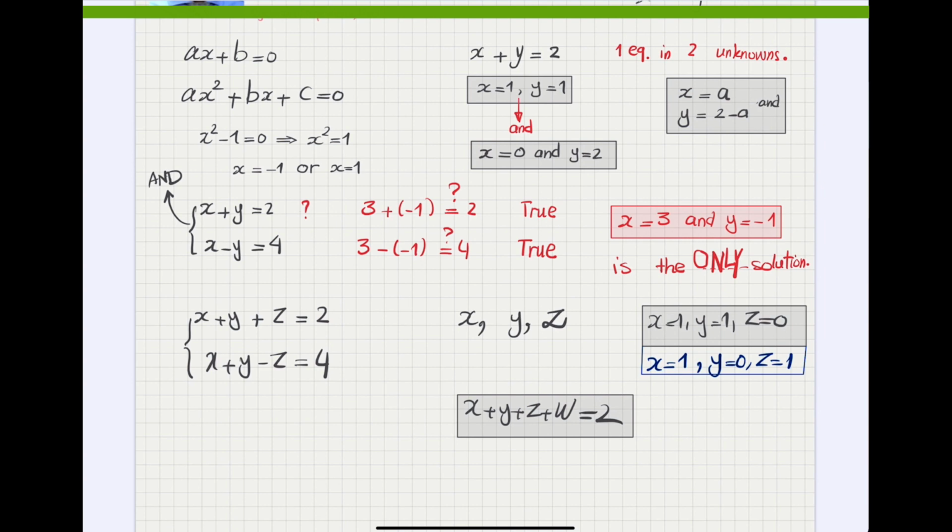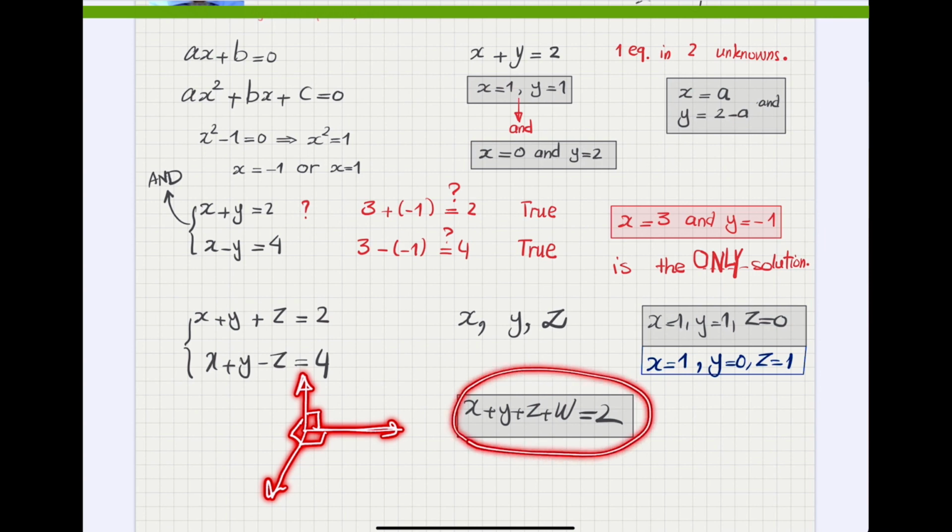I need 4 axes: x-axis, y-axis, z-axis, and w-axis. But I can only imagine 3 mutually perpendicular axes, not more than that. There is no other one that I can imagine in my head. But algebraically, it was simple to imagine it. It was a matter of seconds. I just wrote it, equal to 4.